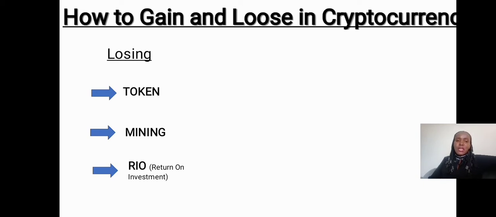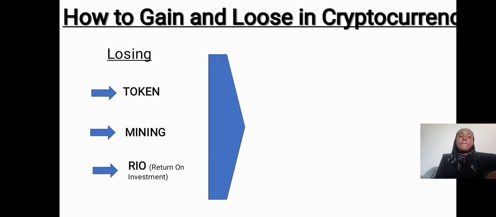They'll come and tell you that they are upgrading their system, and at the end of it all, when you go to their website to get that, it is not there. The company has already disappeared, and that is how you lose your money in real. And now that we have discussed losing, I'd like us to look at how to gain in cryptocurrencies.